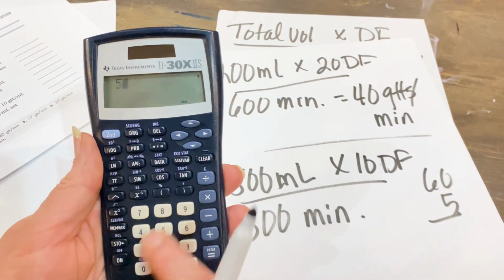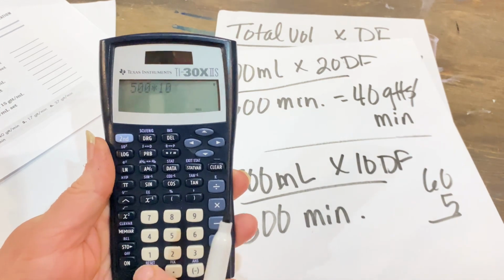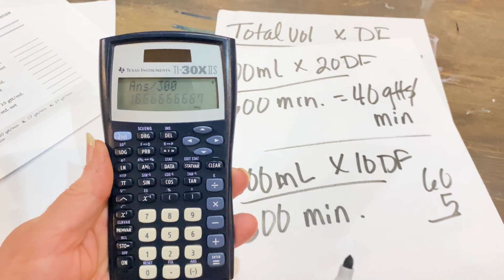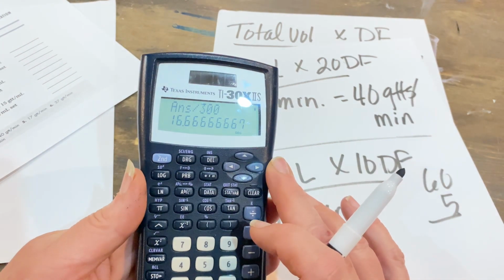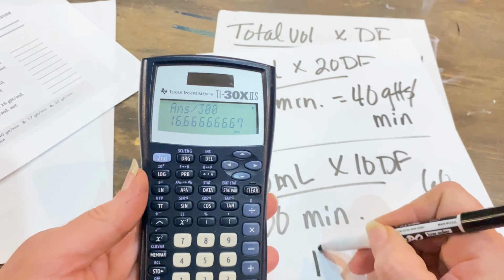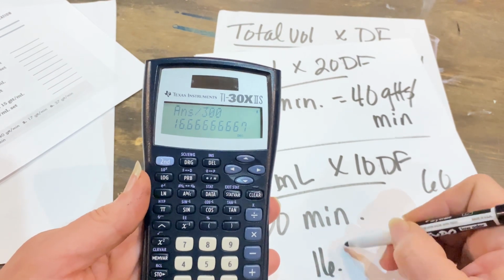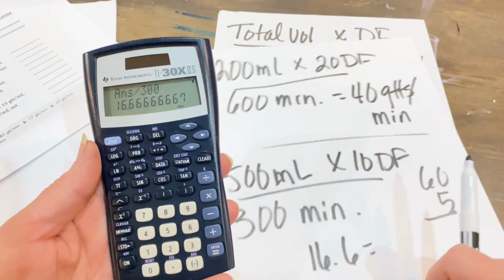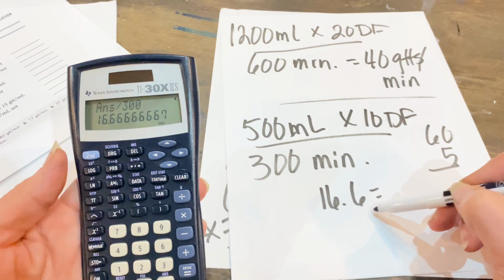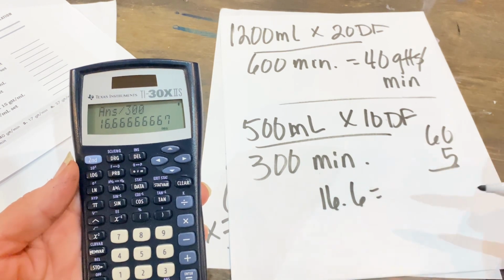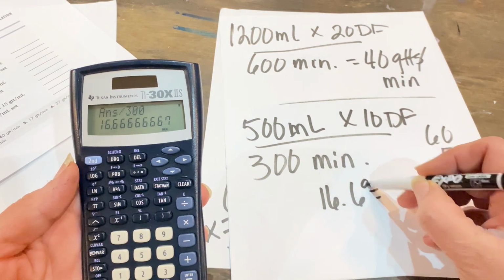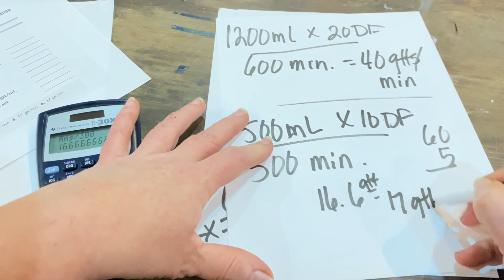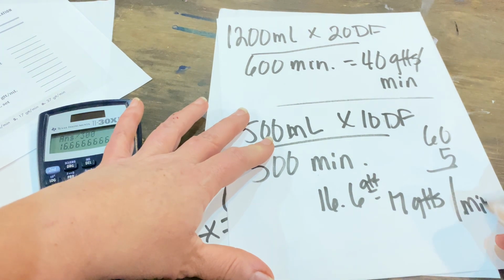All right. 500 times 10 equals divided by 300, and it's going to be 16.6. It's got all them sixes. So, all right, you see the 6 is going to round that up because we can't give 0.6 of a drop. So that's going to be 17 drops per minute.